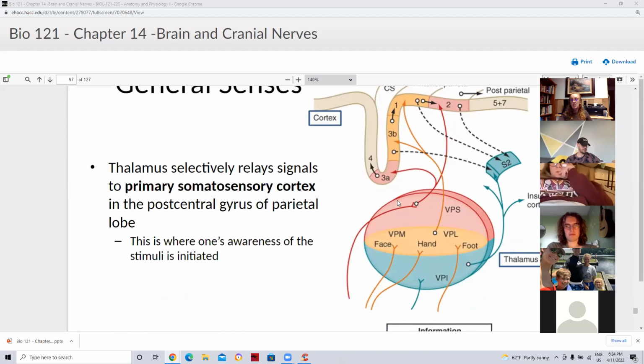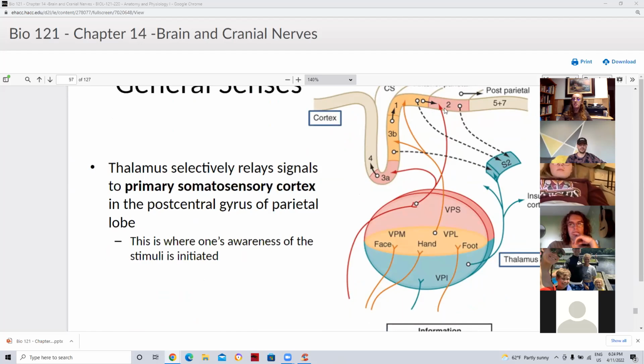The thalamus is going to selectively relay signals to the primary somatosensory cortex. So the primary motor cortex is the precentral gyrus, and the primary somatosensory cortex is the postcentral gyrus. This is where your first awareness of the stimulus is initiated.